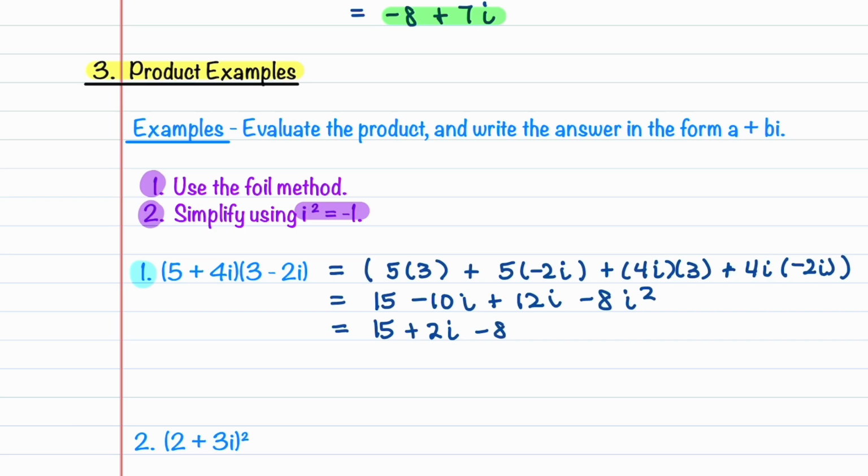And then we have a minus 8, and then we'll plug in minus 1 for i squared. This is 15 plus 2i, and then a minus 8 times a minus 1 gives us a plus 8. And then we can combine the 15 and the 8, and we get 23 plus 2i. And let's highlight that answer.